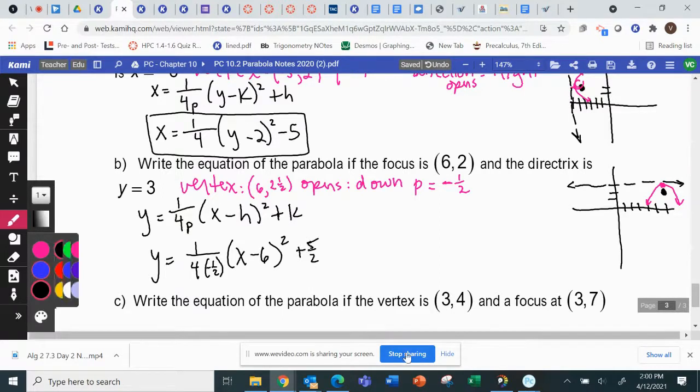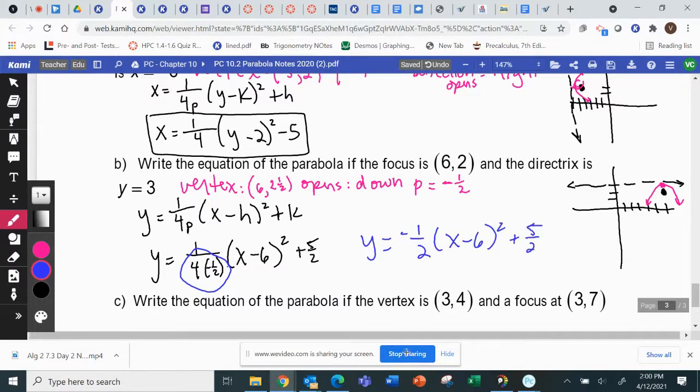So just be careful. I had some people in my last class not doing this correct. I'm just going to take 4 times 1/2 on the bottom. So I'm going to get -1 over 2 times x minus 6 squared plus 5/2.